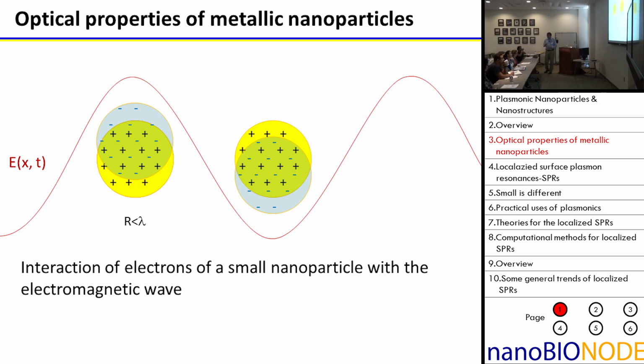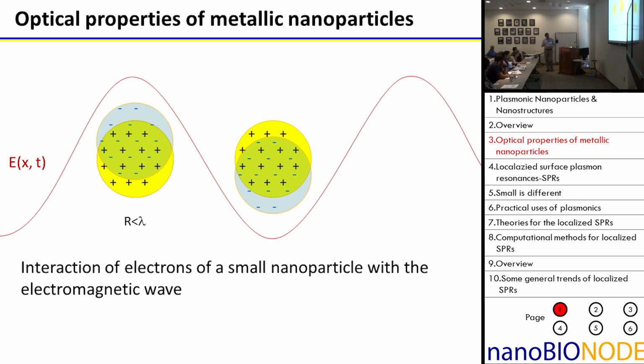This interaction leads to delocalization of electron clouds, as depicted schematically here, and this gives rise to new types of material properties of those nanoparticles that are not present in bulk materials like gold or other types of metal.